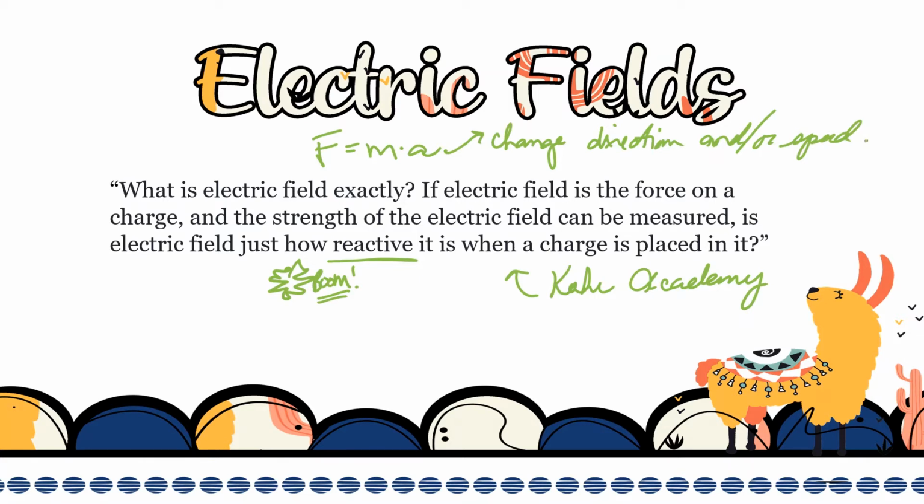So that force causes it to change direction and or speed. And so in that sense, he's correct, right? The electric field really is the tendency of an object to cause another object to move when placed near it. So I would say you are correct. This is a great way to conceptualize an electric field.